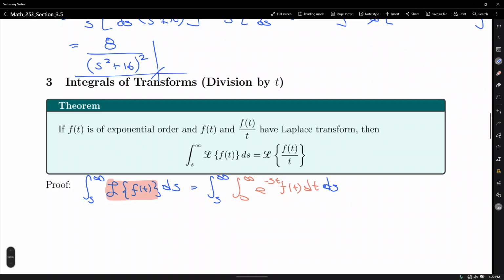However, remember Calc 3, Fubini's theorem, when we can interchange the order of integration provided the limits are constants. We can do that. I mean, s, yes, I know s is a variable technically, but well, let's think of it as a constant. It's a number in the new domain in s.